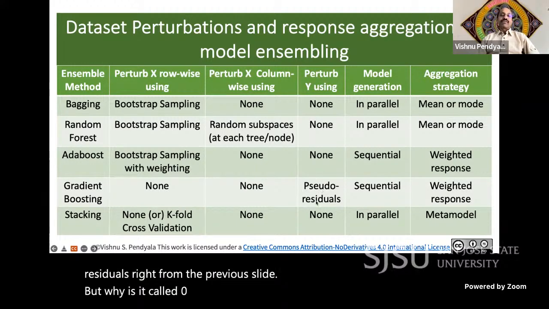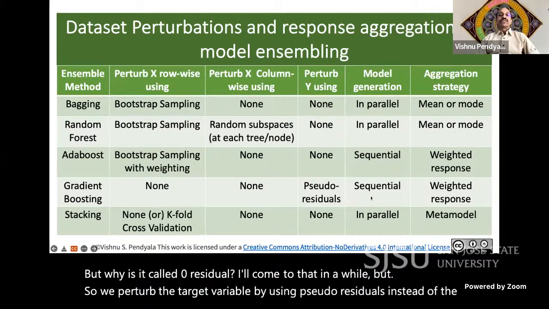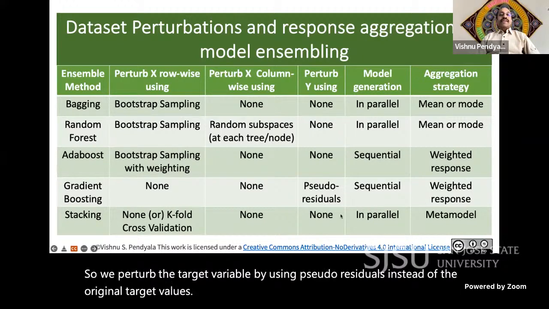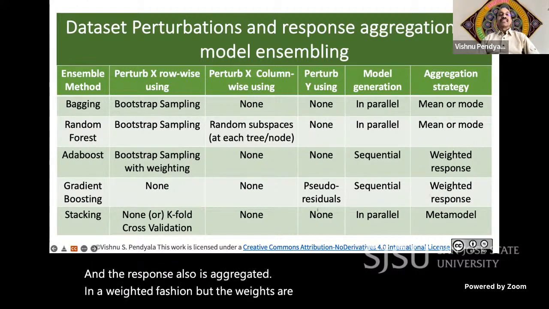I'll come to that in a while. So we perturb the target variable by using pseudo residuals instead of the original target values. And the response also is aggregated in a weighted fashion, but the weights are all equal in this case in gradient boosting.